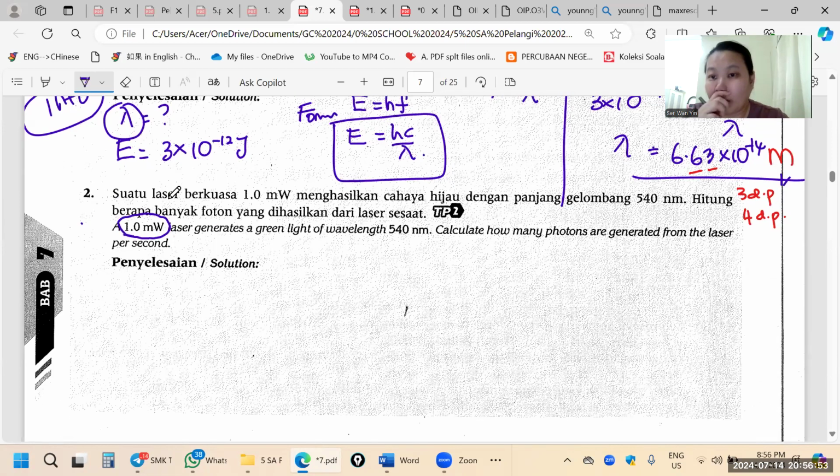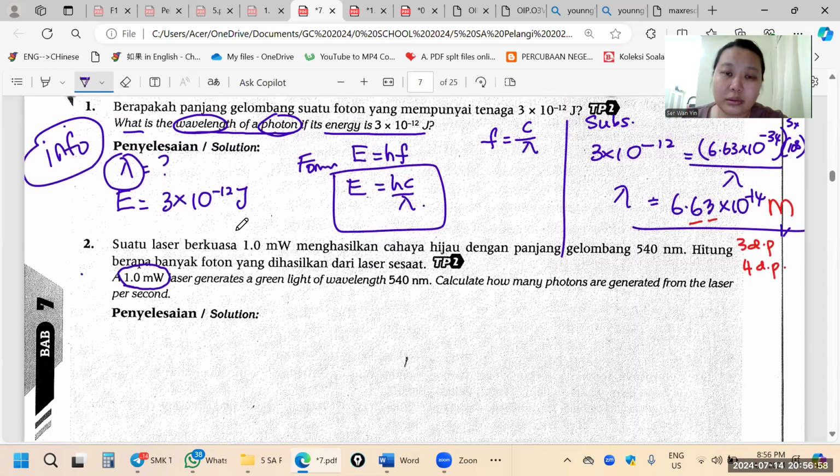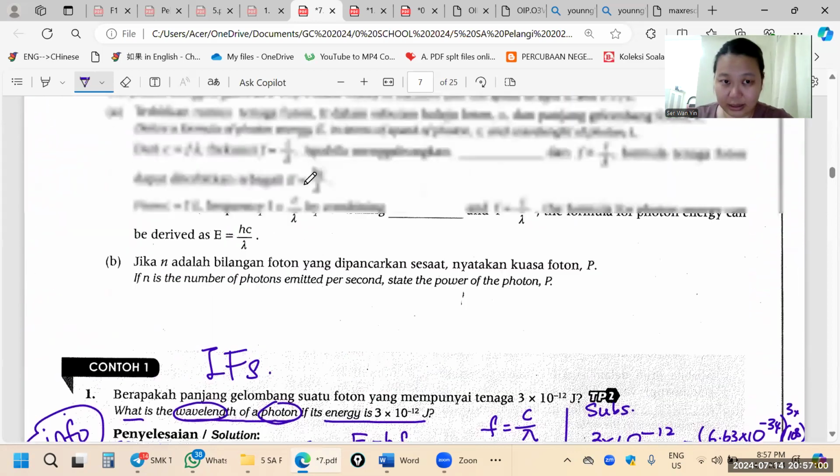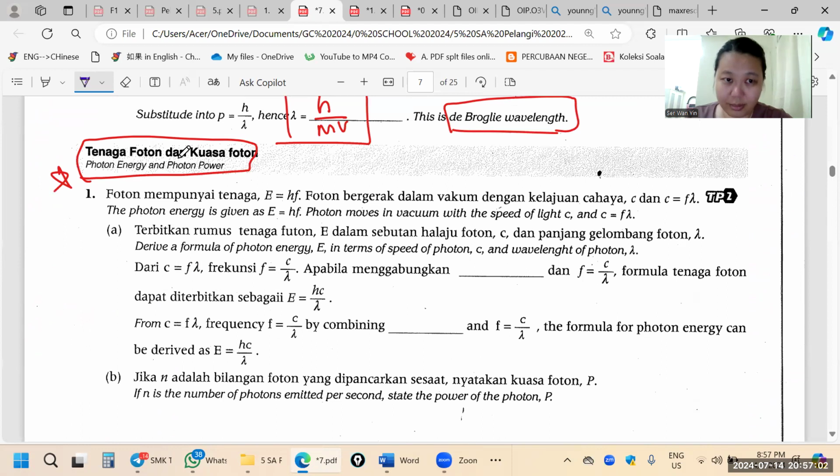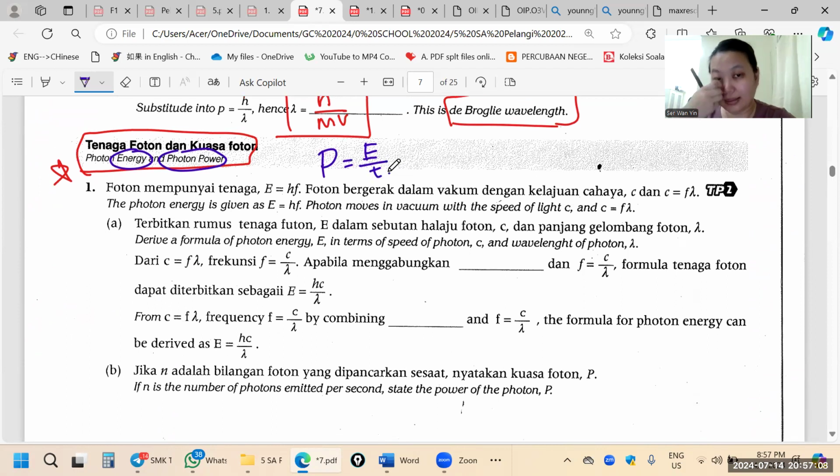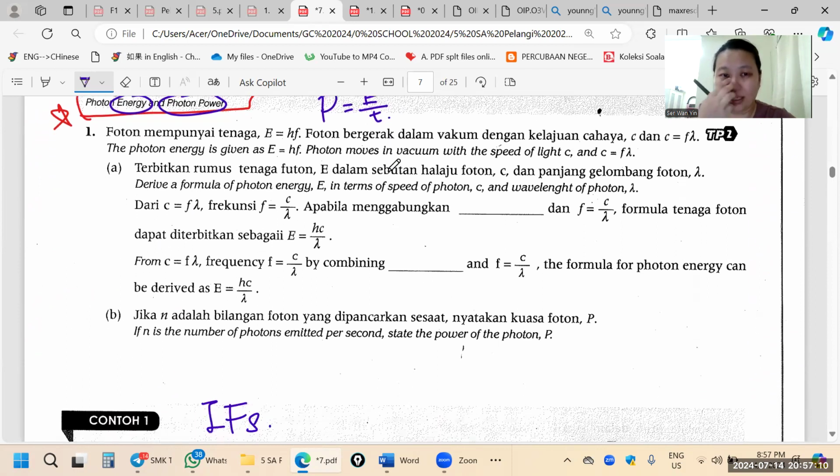Okay, this is the one I asked you to hold on just now. Actually, it's here: power and energy. We learn power equals the energy over time. Now we say that photon energy is E equals to hf.